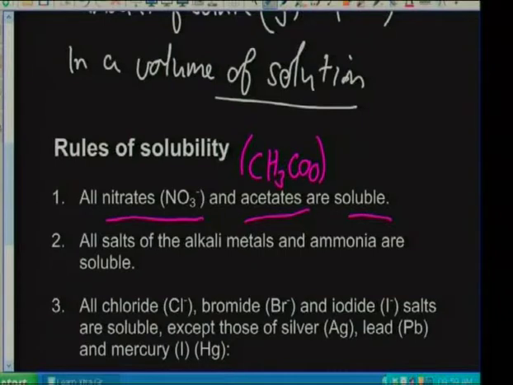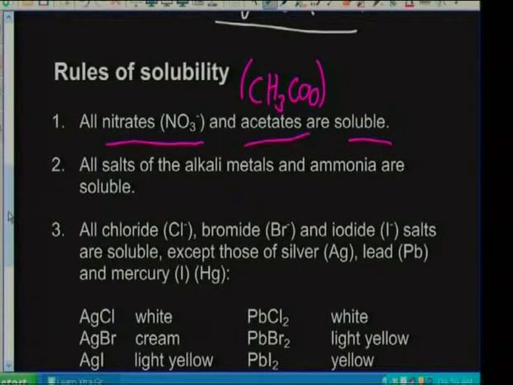The name comes from vinegar or acetic acid. All salts of alkali metals, that's group 1, and ammonia are soluble. The group 1 metals we usually work with are lithium, sodium and potassium. There's also rubidium, cesium and francium, but we're not going to worry about those.